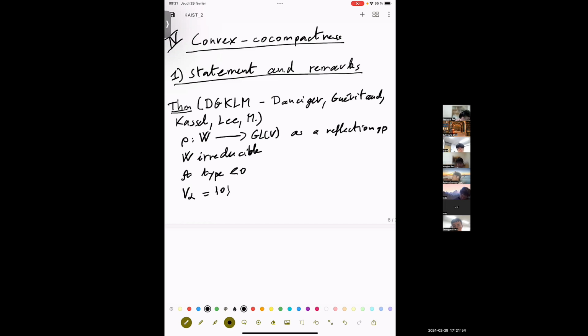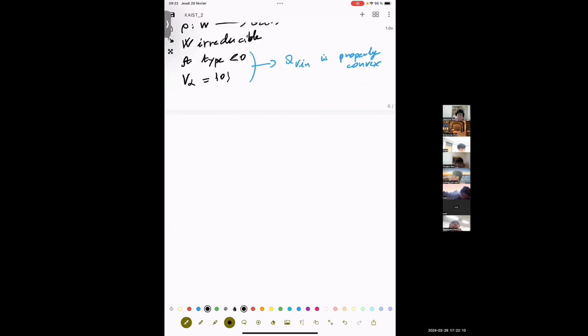So as we just saw, these two things give me that Omvin is properly convex. And so the following three statements, these three assertions are equivalent. You stop me if you have any question.